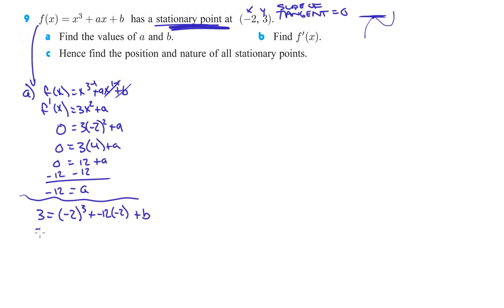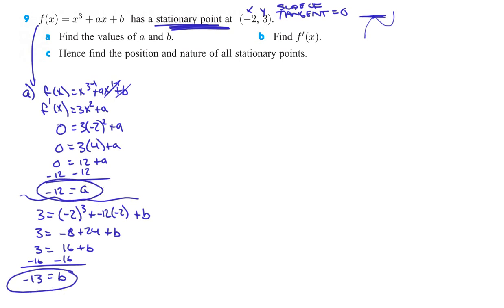Negative 2 times negative 2 is 4, times another negative 2 is negative 8. Negative 12 times negative 2 is plus 24, plus b, right? So 3 equals 16 plus b, subtract 16 from both sides, and we get b is negative 13. So b is negative 13, a is negative 12. Okay, so that's part A.